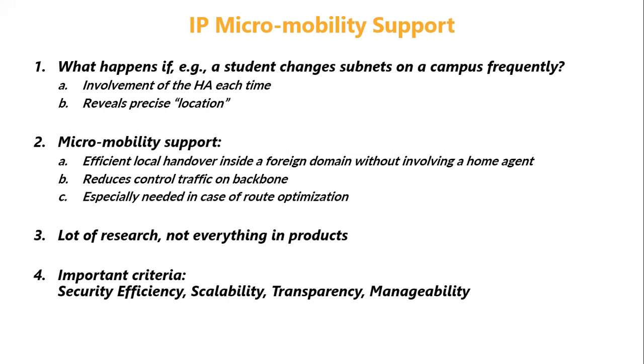That router will take care of the local mobility. That is, if the user has locally moved from one subnet to another subnet, this router will identify it and forward it. So this concept is called micro mobility support, IP micro mobility support.